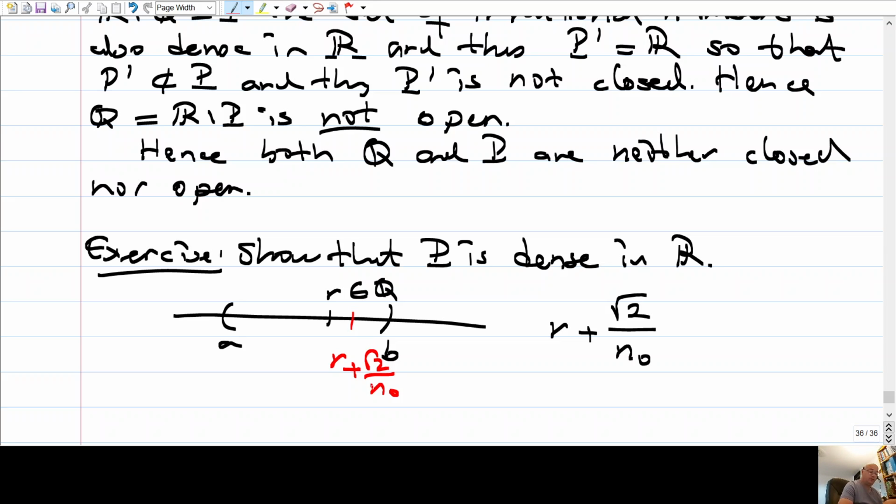Therefore, choosing this n0 big enough, we see that this interval will contain an irrational number, and therefore every interval contains an irrational number. Therefore, the set of irrational numbers will be dense. Okay.